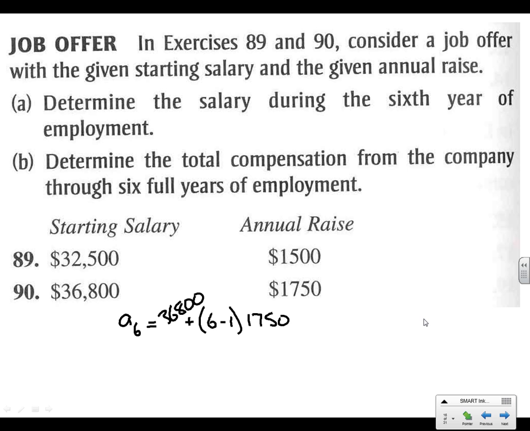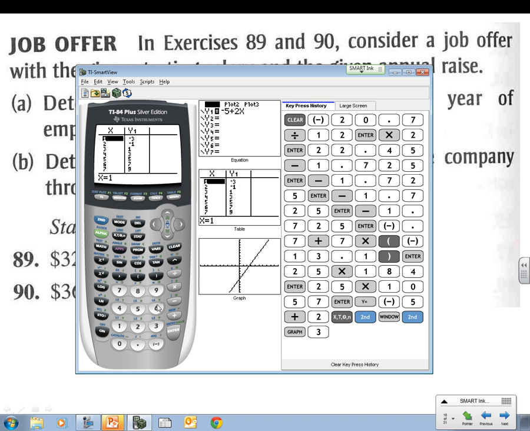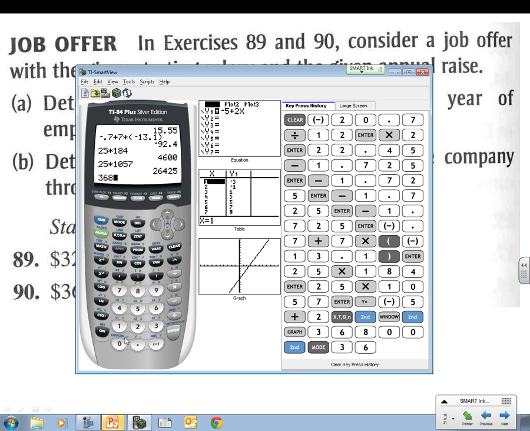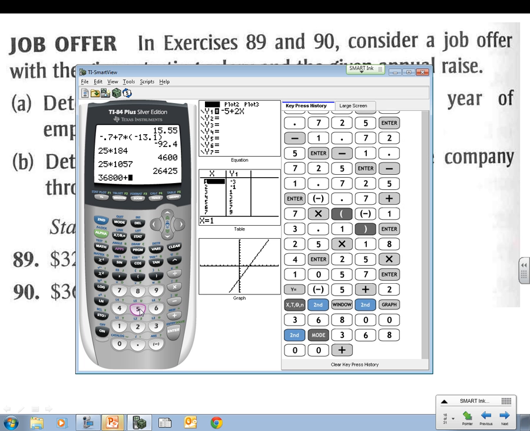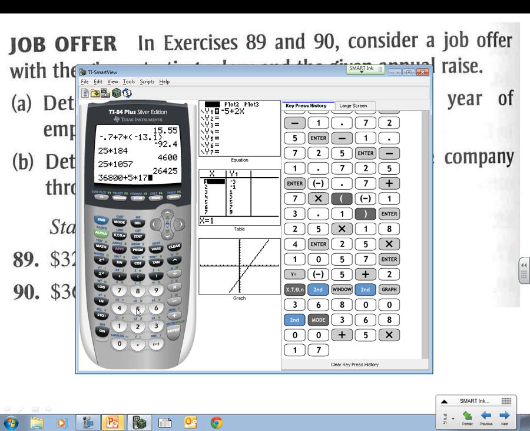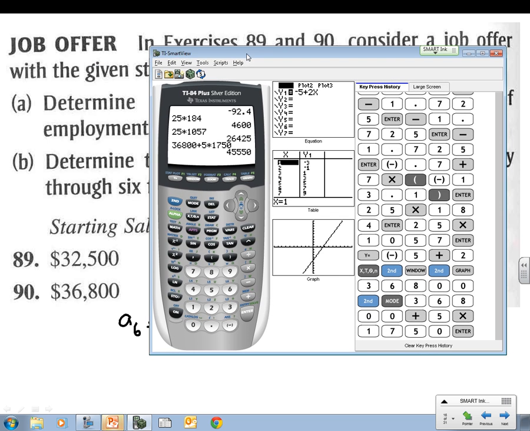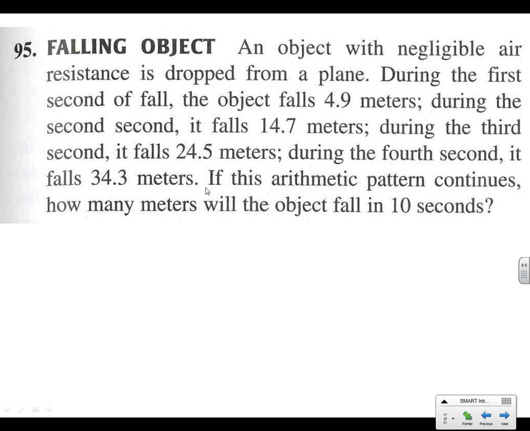And so $36,800 plus 5 times $1,750. So $45,550 is what we're making in the 6th year.